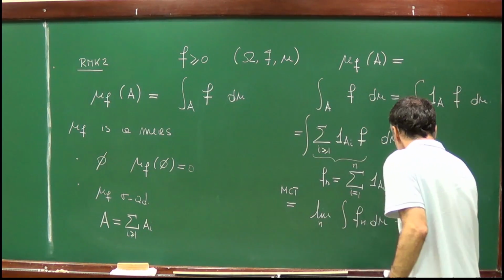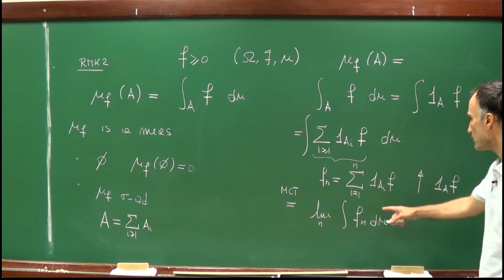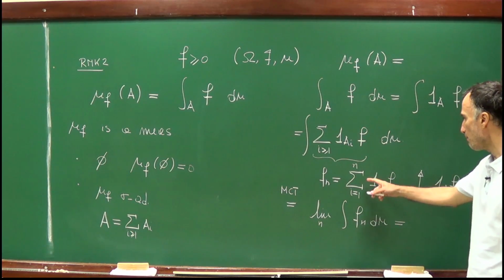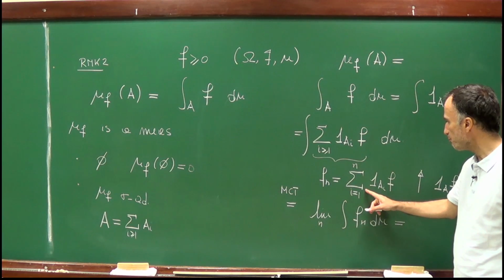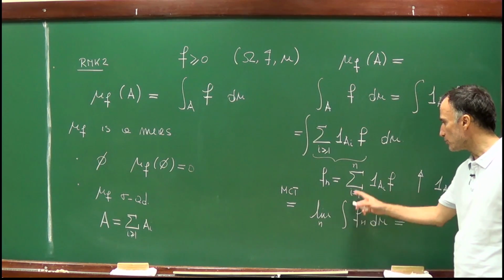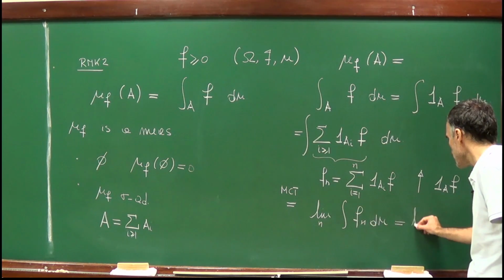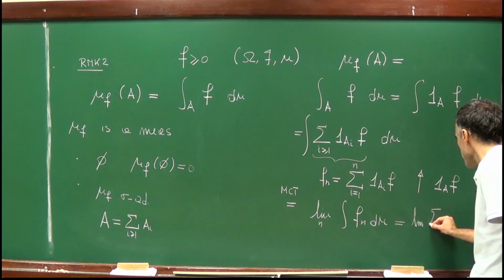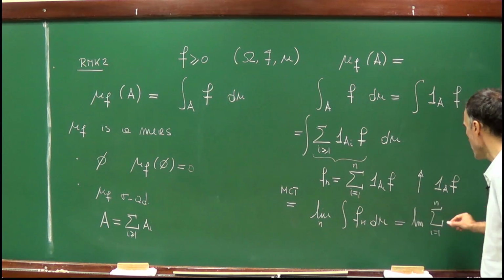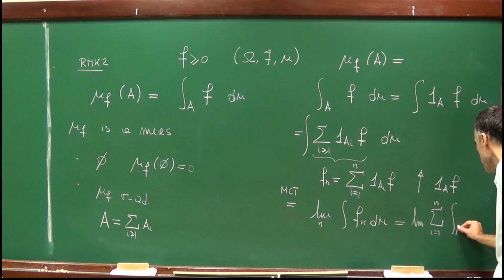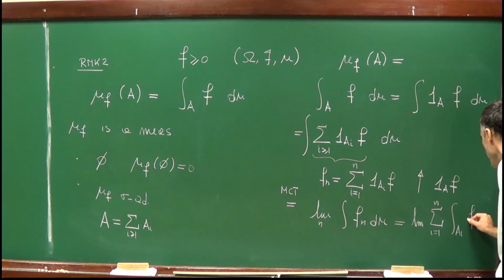But what is the integral of f_n? Well, by linearity of the integral, I can exchange the integral with the sum. So this is the limit of the sum of the integrals over A_i of f d mu.